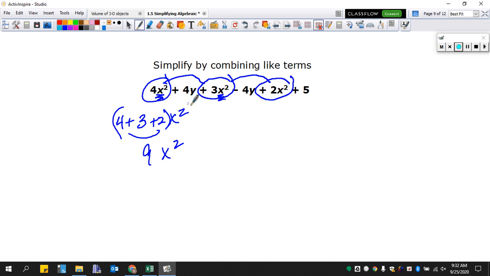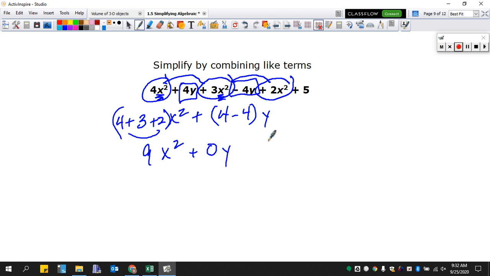And then the y's, we have a positive 4y minus 4y. Okay, so let's see here. We're going to say plus. We're always going to start off with plus. And so then our coefficients here are 4 minus 4y. 4 minus 4 is just simply 0y.